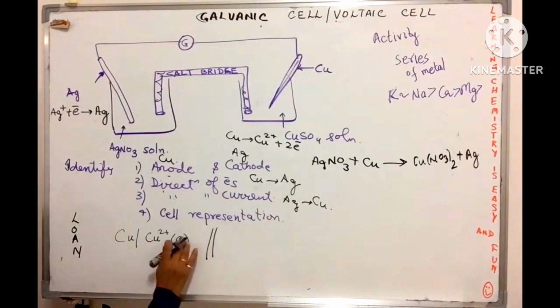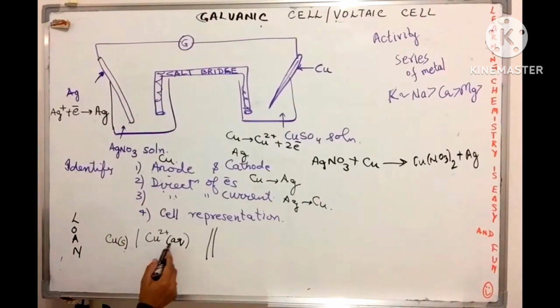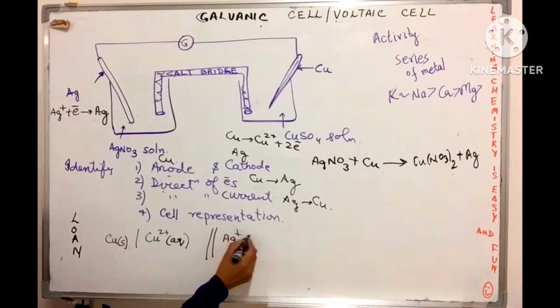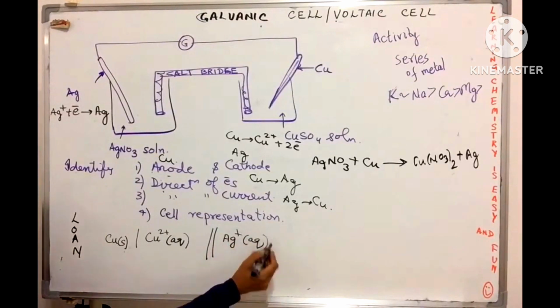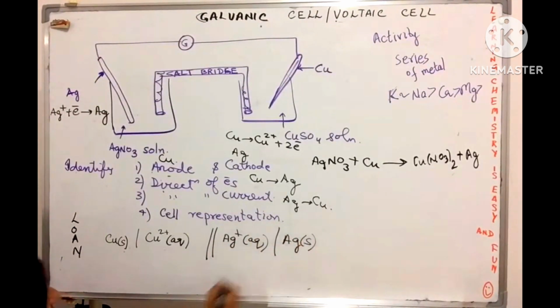We can omit it at present and just write aqueous here. Correct? And for copper it is solid. So Cu solid in combination with copper ions, salt bridge, silver ions in aqueous solution in combination with silver solid.